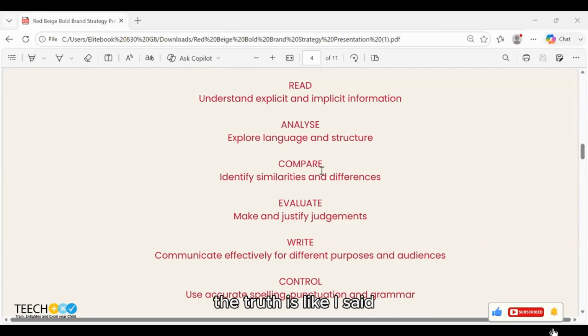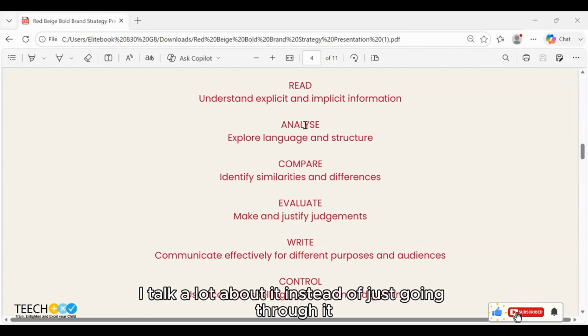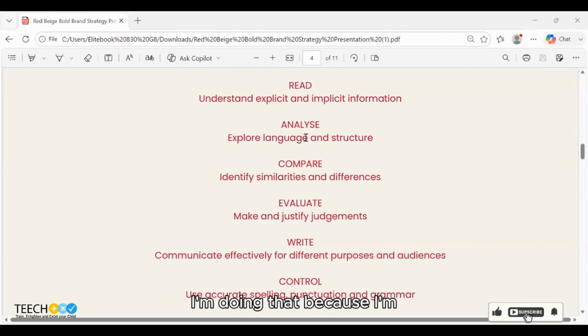The truth is, like I said, it feels like I am speaking a lot on one particular thing. When I get to one skill, I talk a lot about it instead of just going through it. I'm doing that because I'm trying to get you to understand how it actually works.